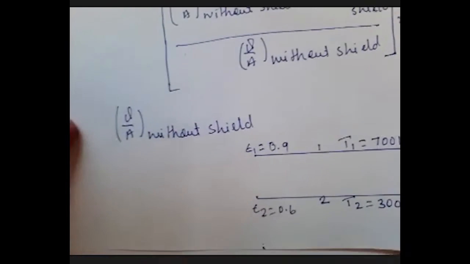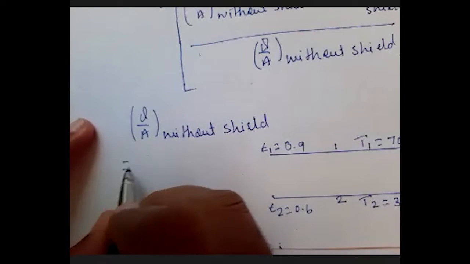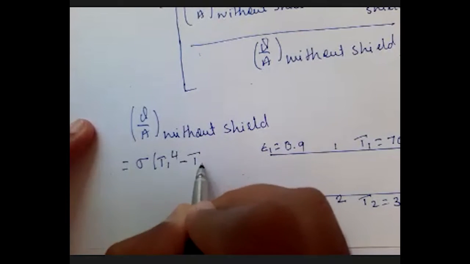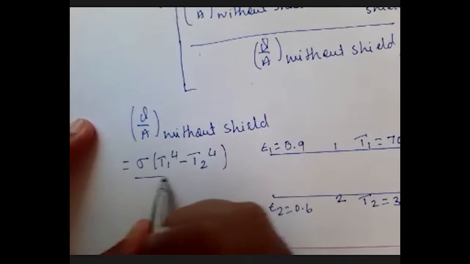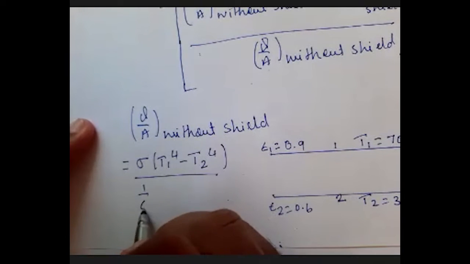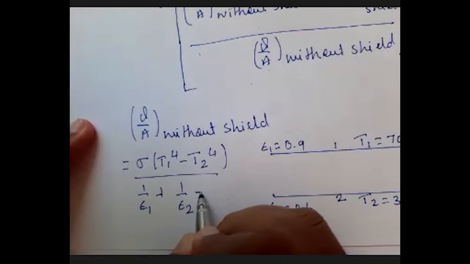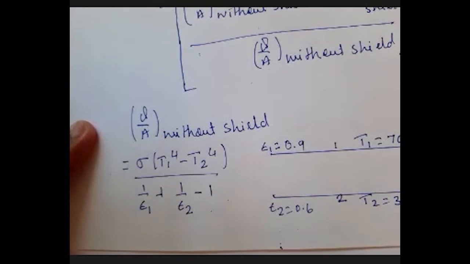So Q by A without shield is nothing but sigma into T1 raised to 4 minus T2 raised to 4, divided by 1 upon epsilon 1 plus 1 upon epsilon 2 minus 1.